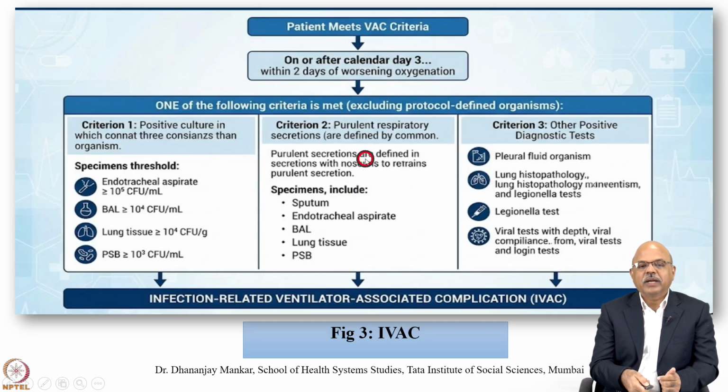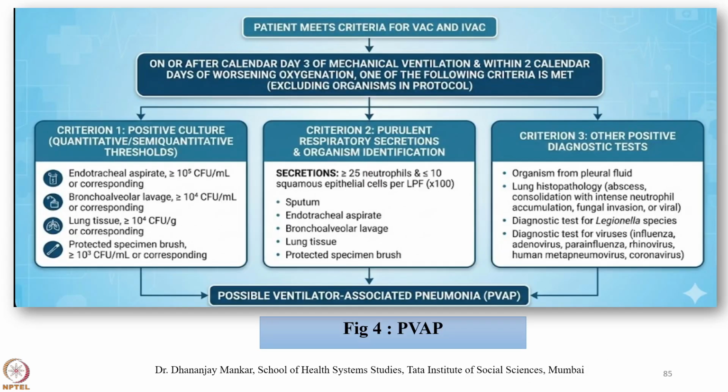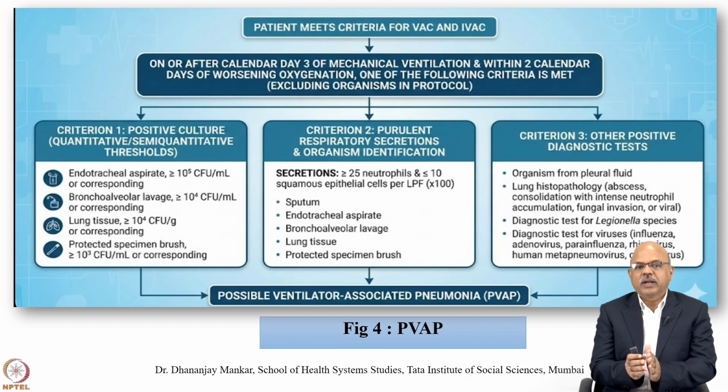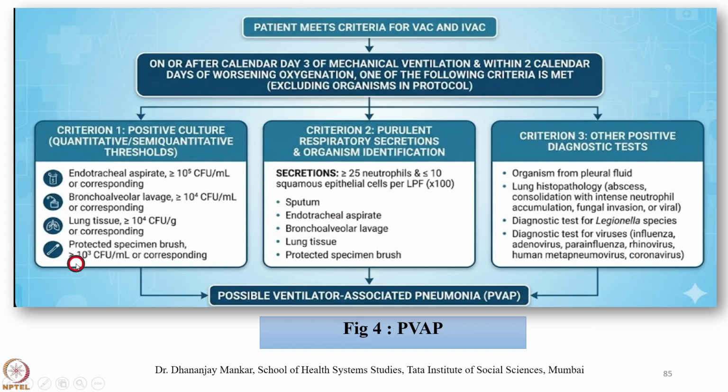One of the following criteria is met, excluding the protocol-defined organisms. Infection-related ventilator-associated complications start here, when the patient meets criteria for VAC and IVAC on or after calendar day 3 of mechanical ventilation and within 2 calendar days of worsening oxygenation. Then comes possible ventilator-associated pneumonia.